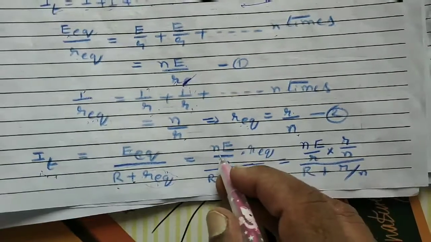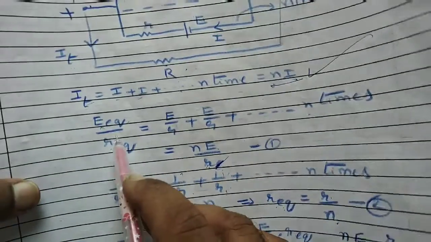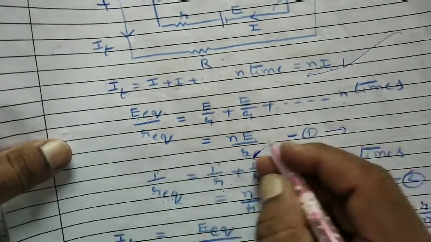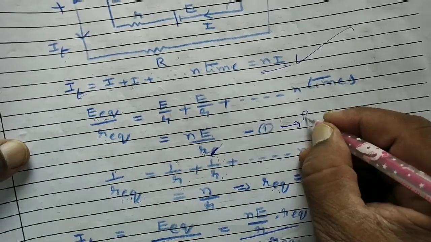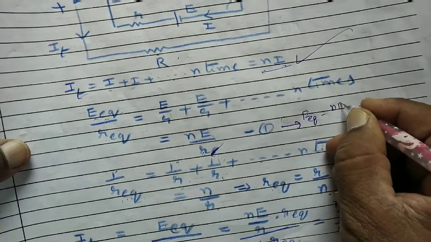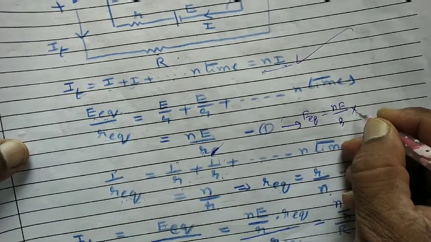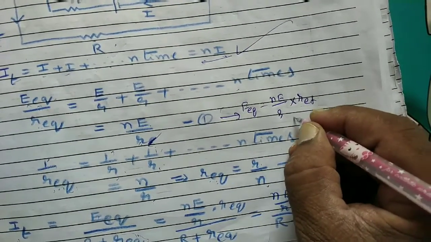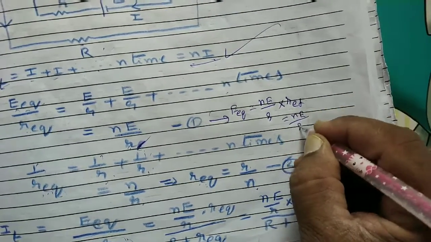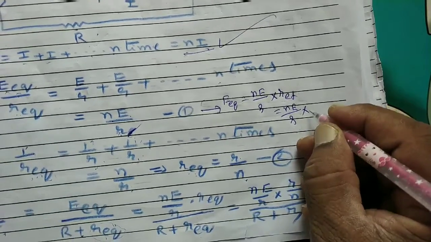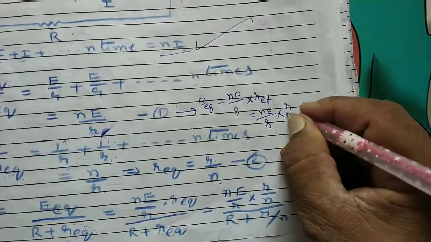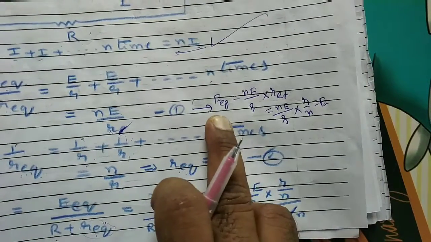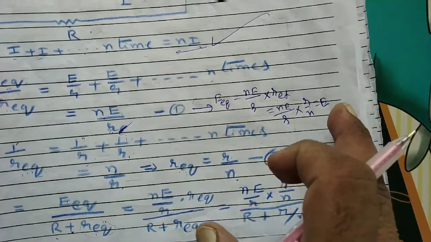Effective EMF by effective internal resistance is nE by R. So effective EMF will be equal to nE by R into R effective. R effective is R by n. So R by n, then n gets cancelled. So E. That means effective EMF is equal to the EMF of one cell.